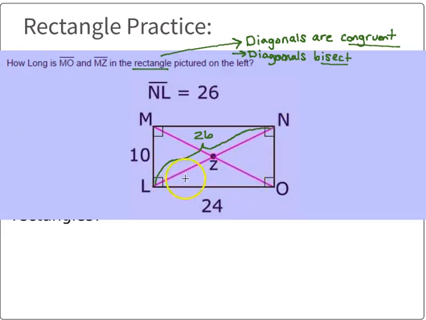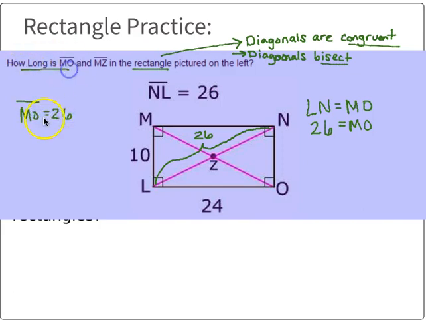So if we know the diagonals are congruent and we know LN, well, LN has to be equal to MO because diagonals are congruent. We know the length of NL, or LN, is 26, so that means MO must be 26. So the length of MO has to be 26.